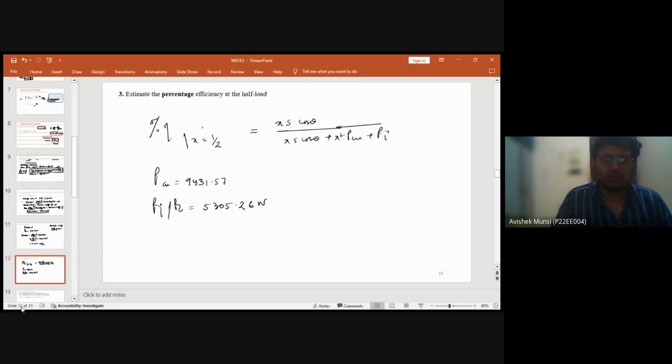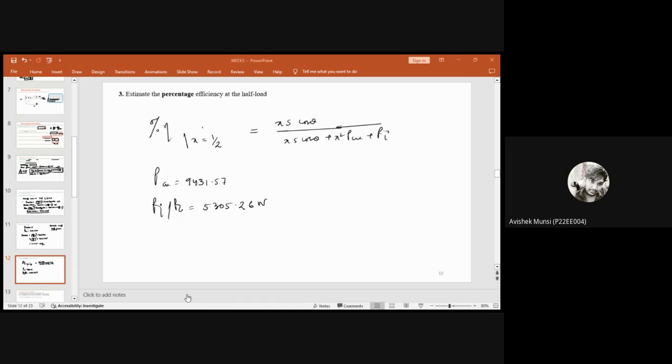Put these into the formula and solve. Sir, what is S? It was given in the question as 350 kVA.